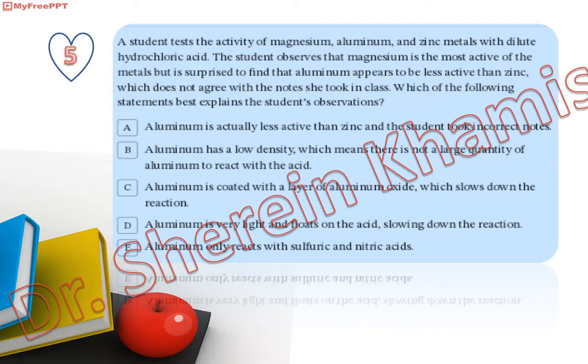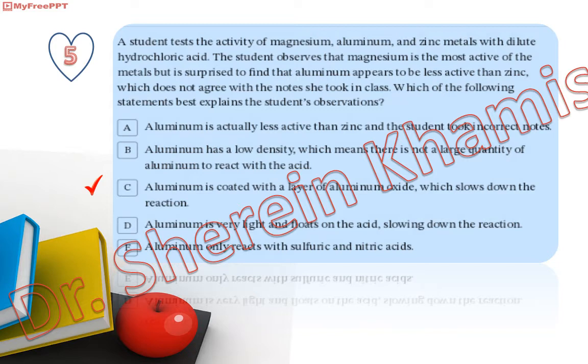So it slows down the reaction. Aluminium is coated with a layer of aluminium oxide which slows down the reaction. So the right answer will be letter C. I think it's easy. We discussed this equation a lot of times, and we need to remember it very well.